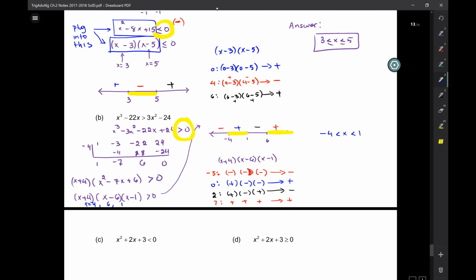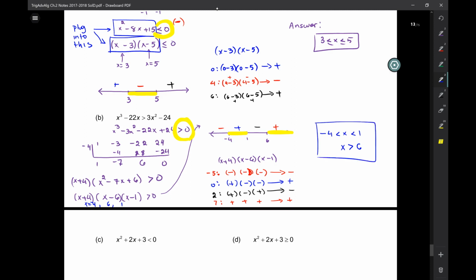Because this is between -4 and 1. Here, what are all these numbers? It's all the numbers greater than 6. So I just say x is greater than 6. And those are my answers.